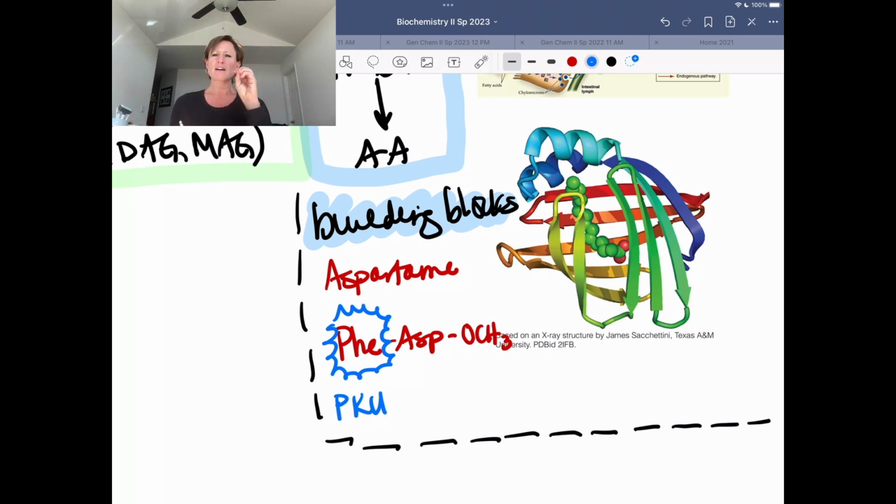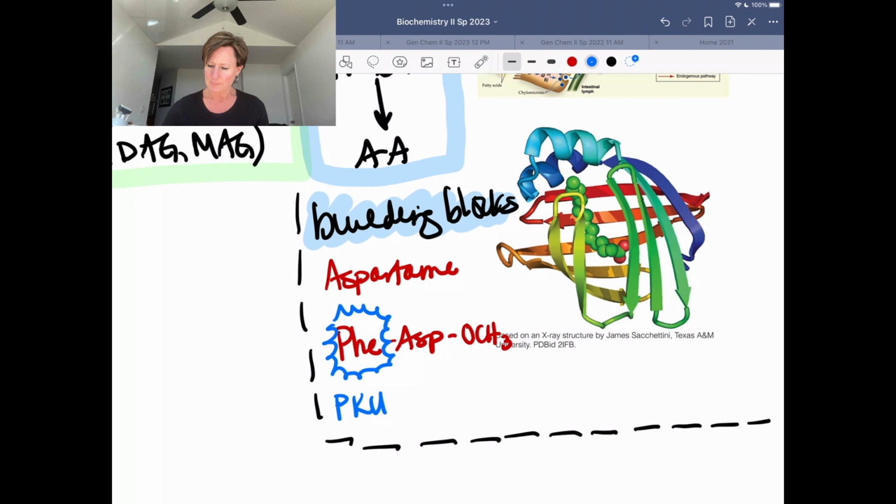So phenylketonuria basically has high levels of phenylalanine that are not able to be metabolized. Okay, so they're going to sort of build up in your body, and that can be toxic. So we're going to talk about PKU, and one of the things that you need to see, anything that contains NutraSweet has to have a warning label on it telling people with PKU this contains phenylalanine, so you might need to limit its consumption.